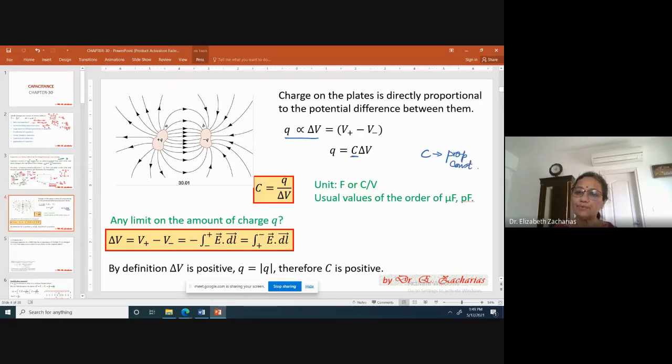C is a proportionality constant, and this C is called the capacitance value of this configuration of two conductors which have been charged.